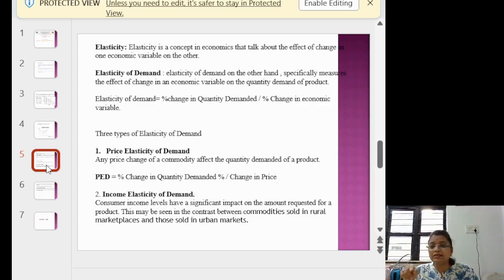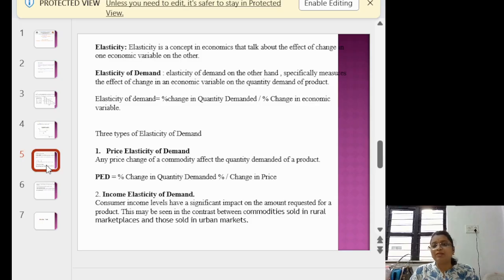Means elasticity of demand specifically measures the effect of change in one economic variable on the quantity demanded of that product, commodity or service. Okay. There are three types of elasticity of demand. First one is price elasticity of demand, second is income elasticity of demand, and third is cross elasticity of demand.